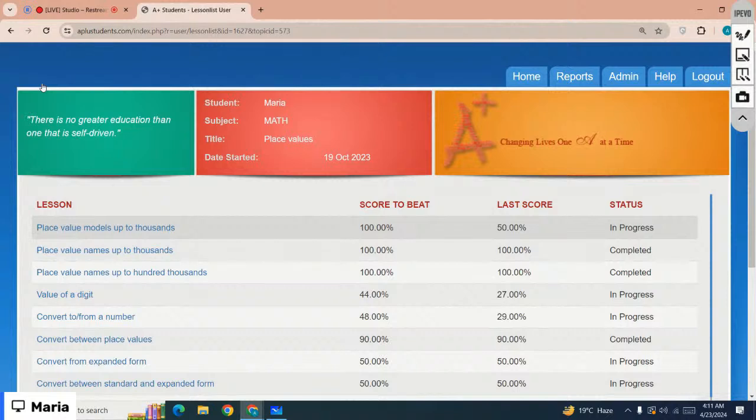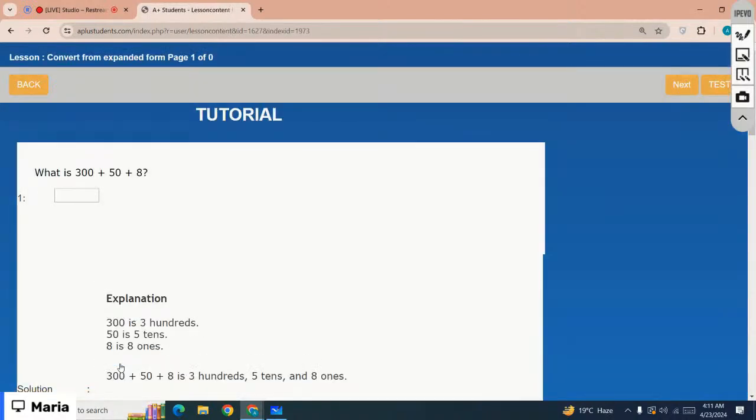The next lesson is convert from expanded form. Okay, what is 300 plus 50 plus 8? So basically that is the expanded form when you have written the numbers with an addition sign, right?